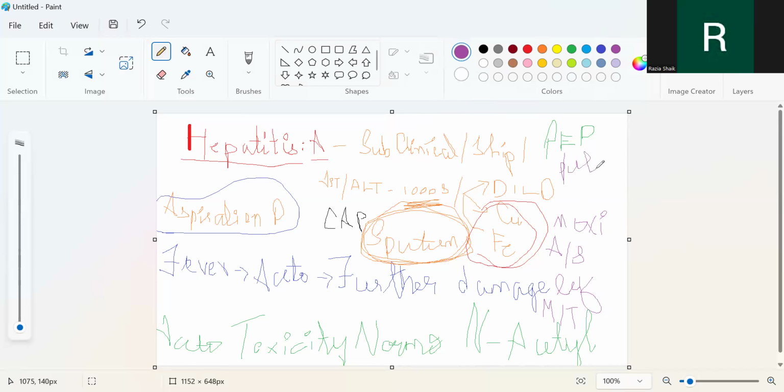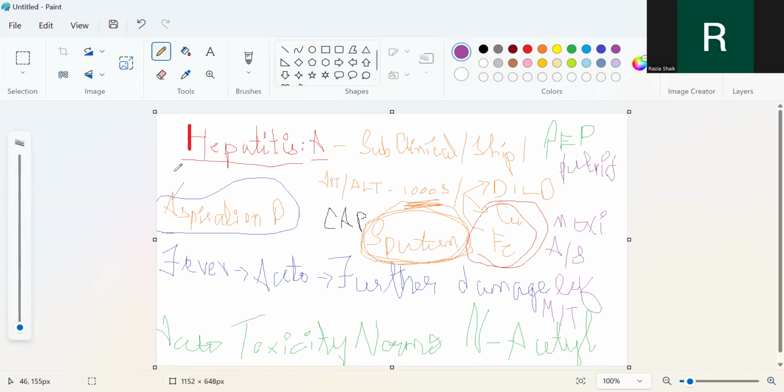In that case, you can go ahead and do anaerobic coverage. As per the guidelines, it is said that this coverage would be sufficient. You don't need to do anaerobic coverage unless and until it is something like lung abscess.